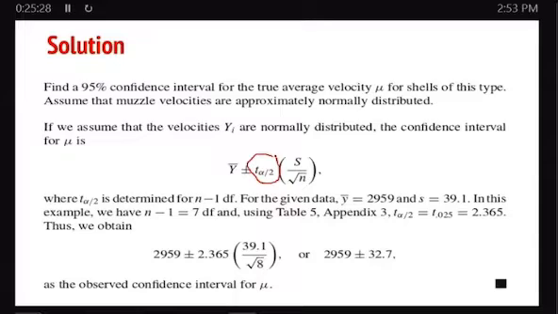The degrees of freedom here is just the sample size minus 1. That's why you see we got 8 minus 1. That's going to be 7.